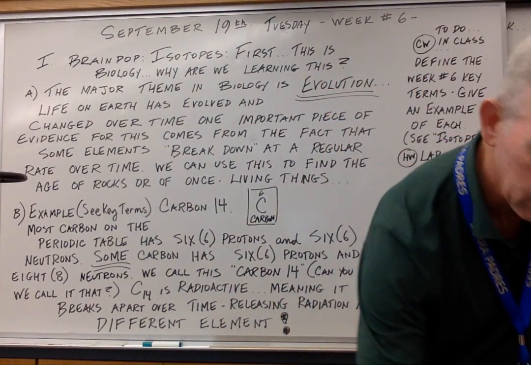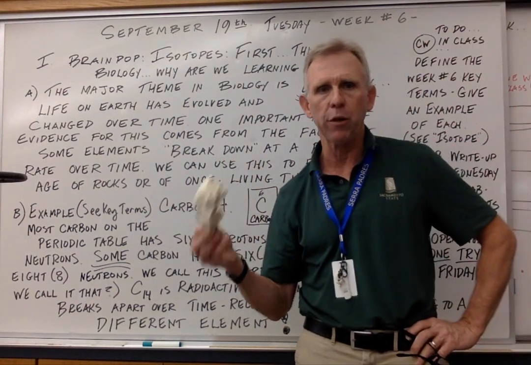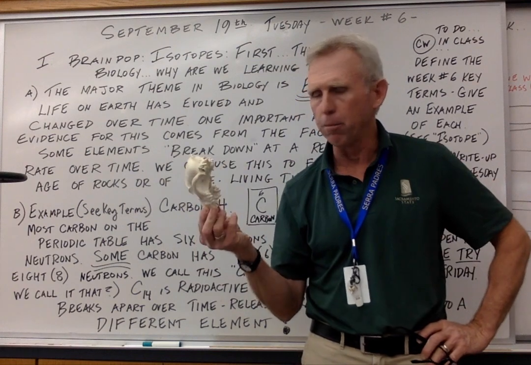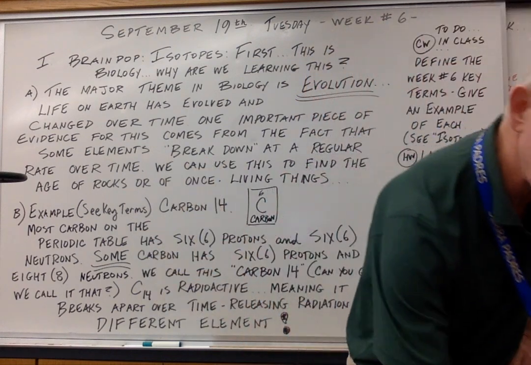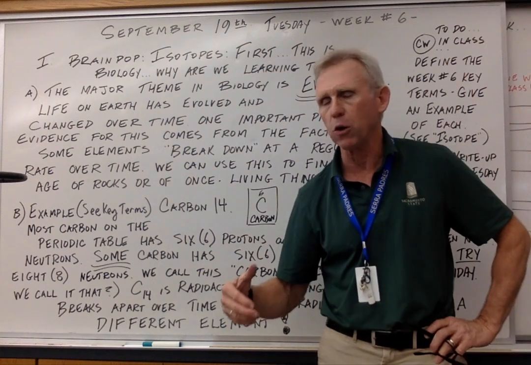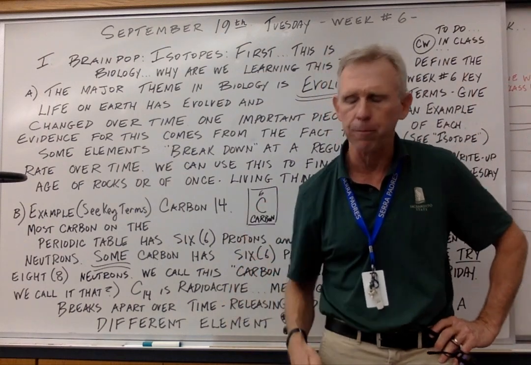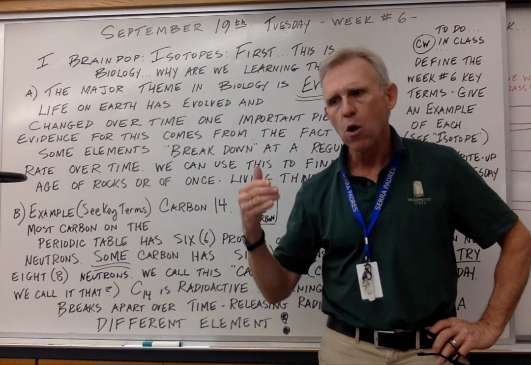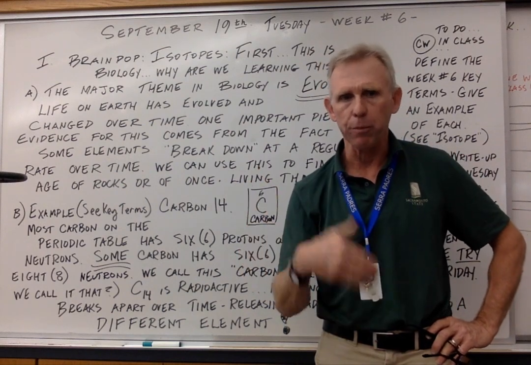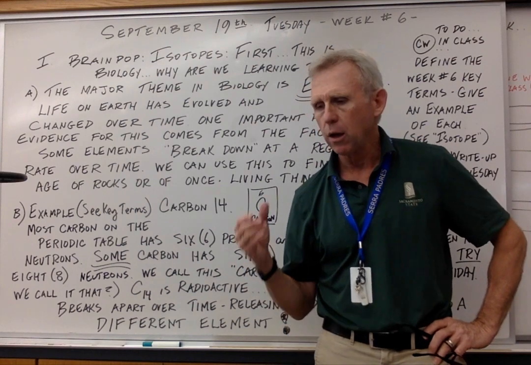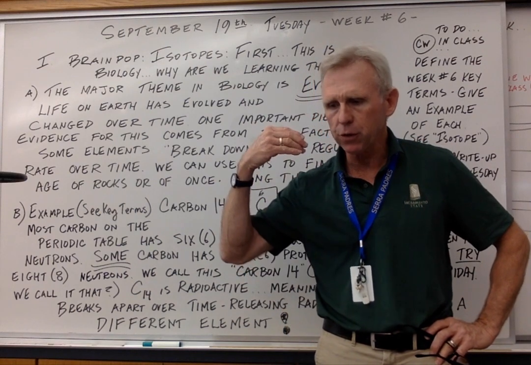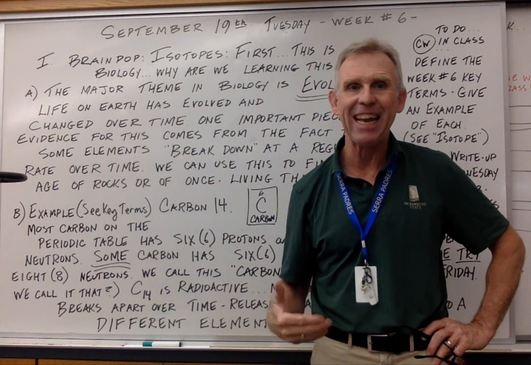We can take a sample of a once living thing. Now, it doesn't have to be a bone, for example. It could be wood from a campfire that we found. This is how we know, for example, how long ago people came to North America. And we can say, okay, once that thing died, whether it be a tree or this bone here of this small coyote, we have all of a sudden stopped taking in any more carbon.